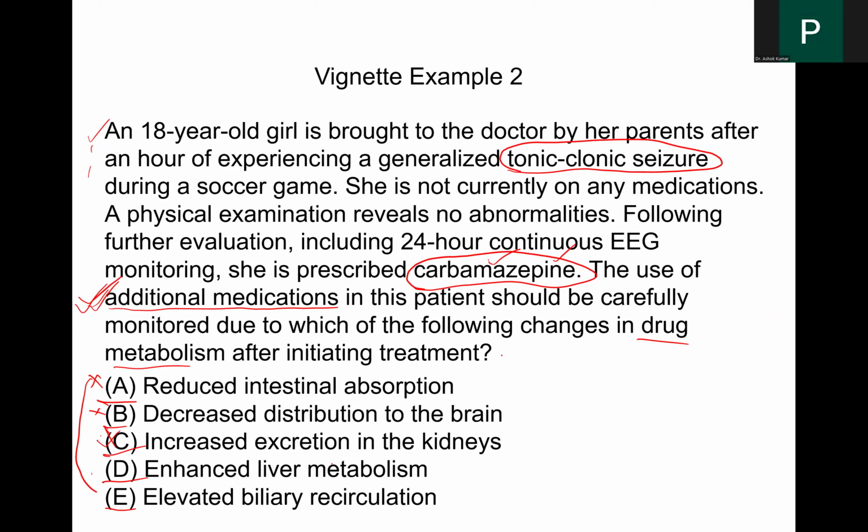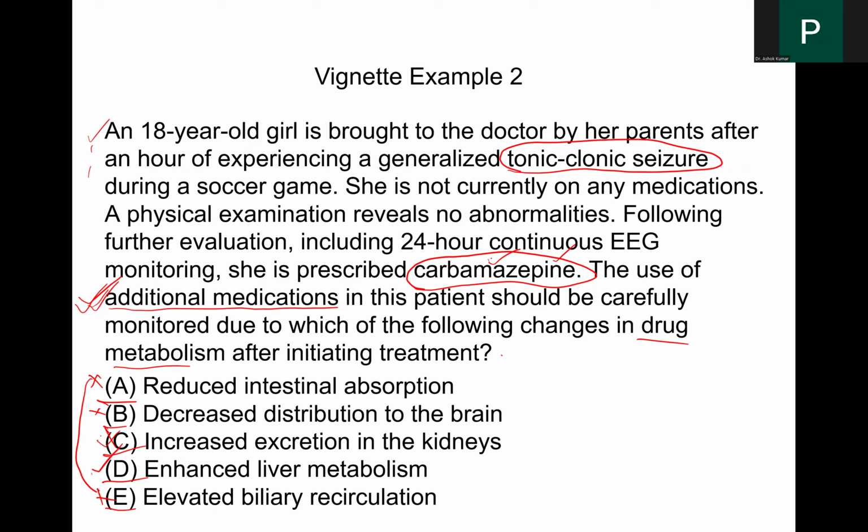It can be. E, elevated biliary recirculation. It has nothing to do with it again. If the carbamazepine is recirculated, it has nothing to do with additional medication interference. But D is a highly matched option because of enhanced liver metabolism.